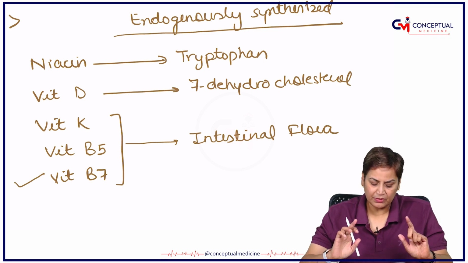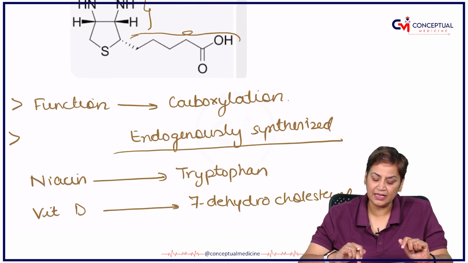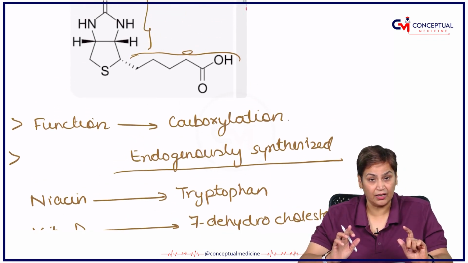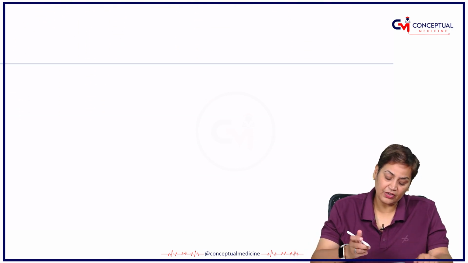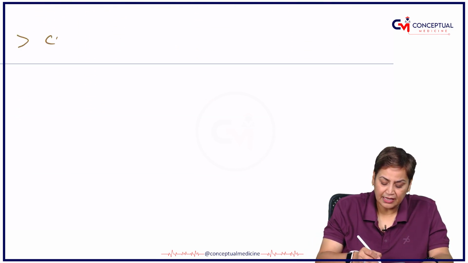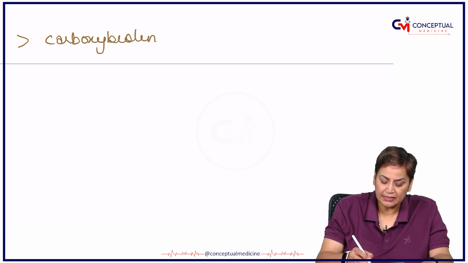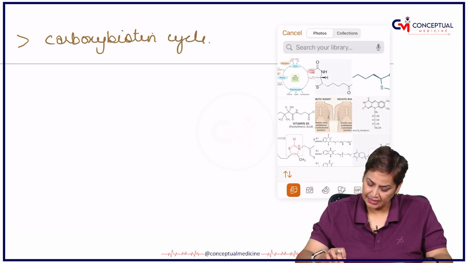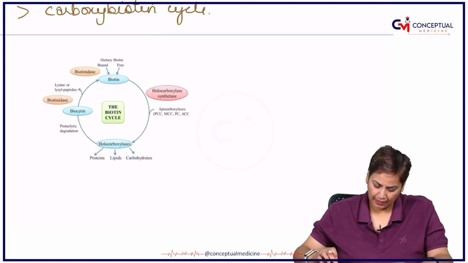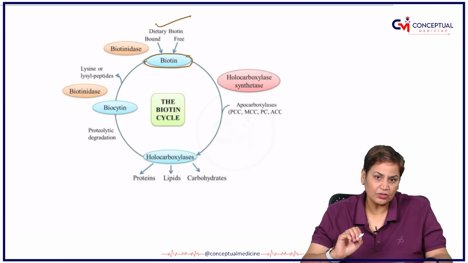Now, coming over to this B7, just now I told you that the main function is that it helps in carboxylation. So, there exists a cycle which we call the carboxy-biotin cycle. Biotin we get from the diet also.